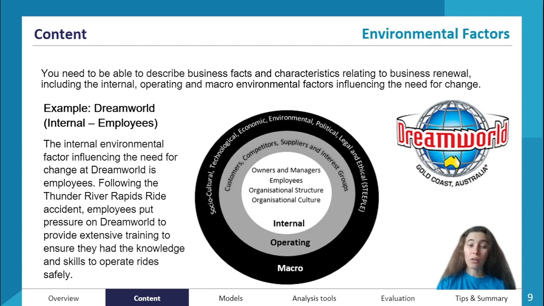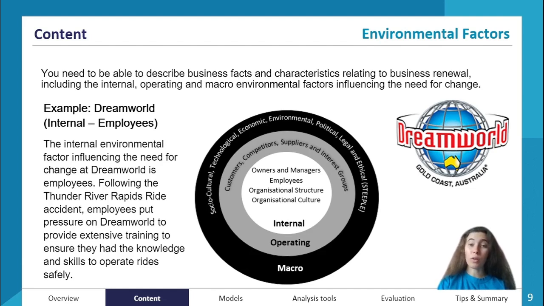So, the internal environmental factor influencing the need for change for Dreamworld was employees. So, they had the Thunder River Rapids ride accident back in 2016. And so this resulted in employees putting some pressure on the organization to provide some more training around safety and things like that to prevent those sorts of incidents happening again, because the employees felt they needed to have better training so they could operate the rides safely.